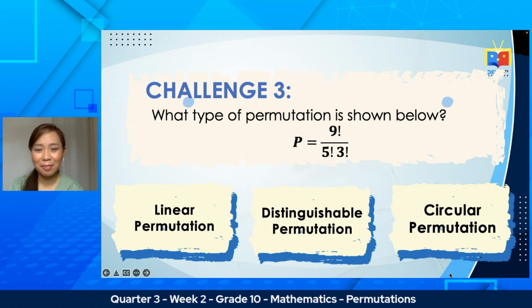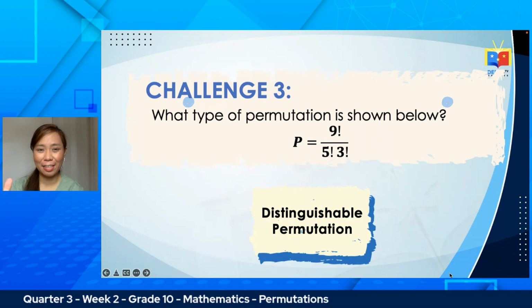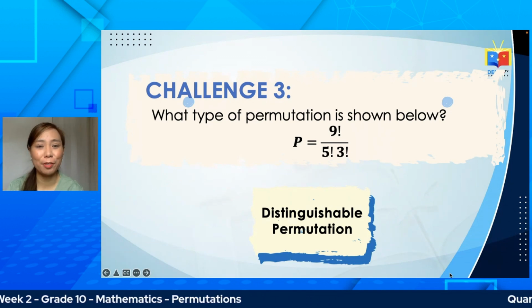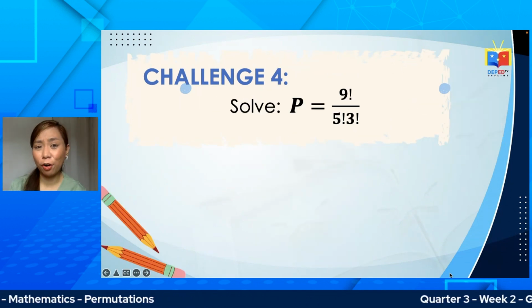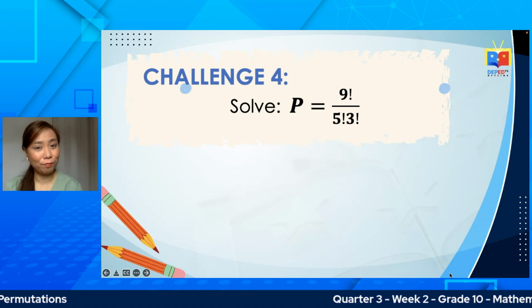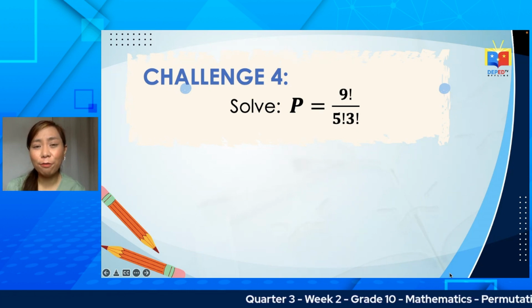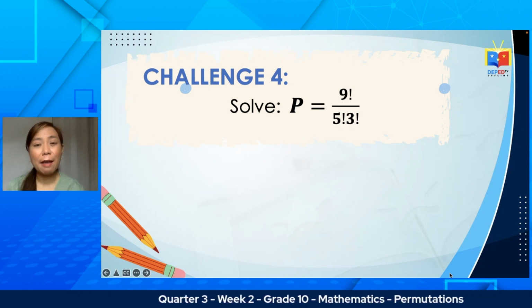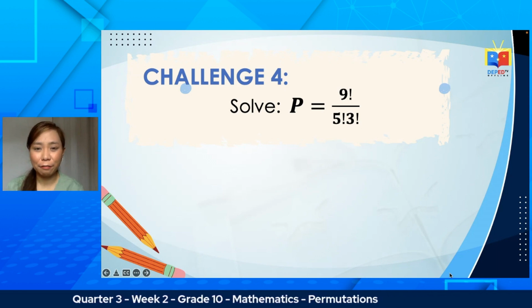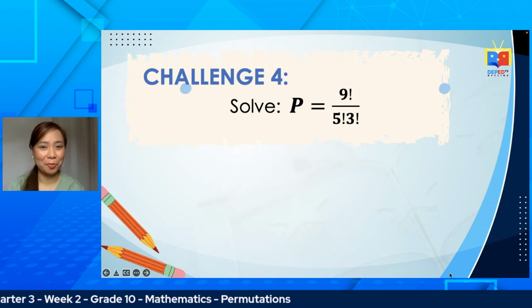The answer is very good. This is distinguishable permutation. For challenge 4, I want you to solve P equals 9 factorial over 5 factorial, 3 factorial. Go.